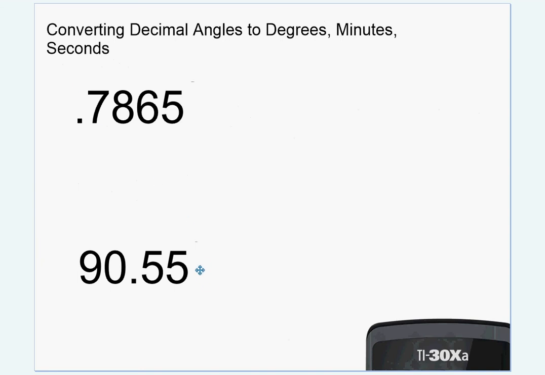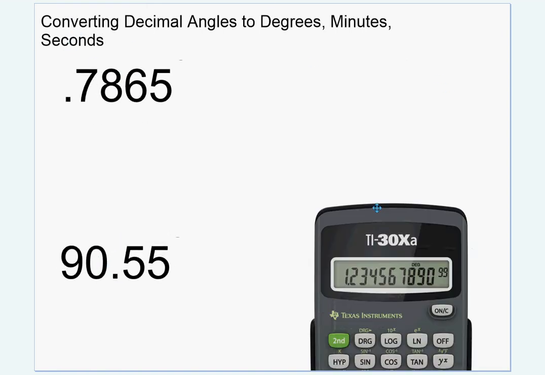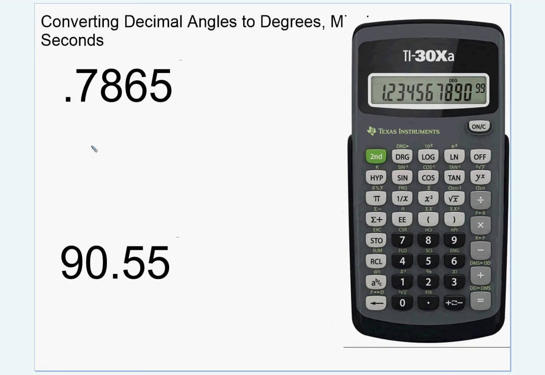Here we go. So now we're given our angles in decimals, and we want to turn them into degrees and minutes and seconds. So these, we're going to do something very similar. Just type this in exactly as you see it. Second function equal sign is going to take it from decimal degrees to DMS, degrees, minutes, and seconds.